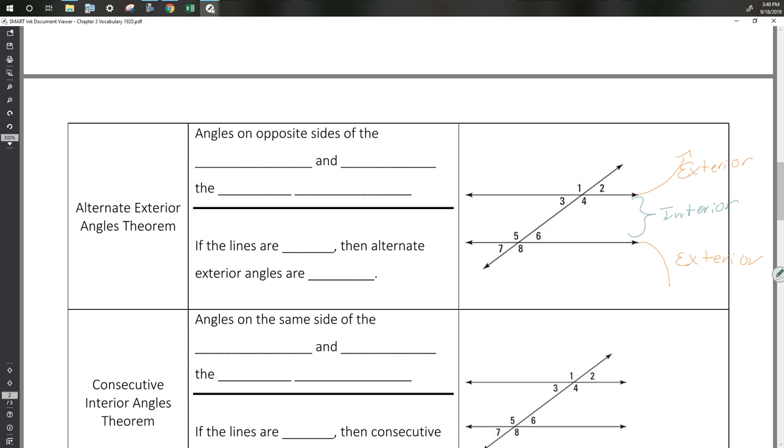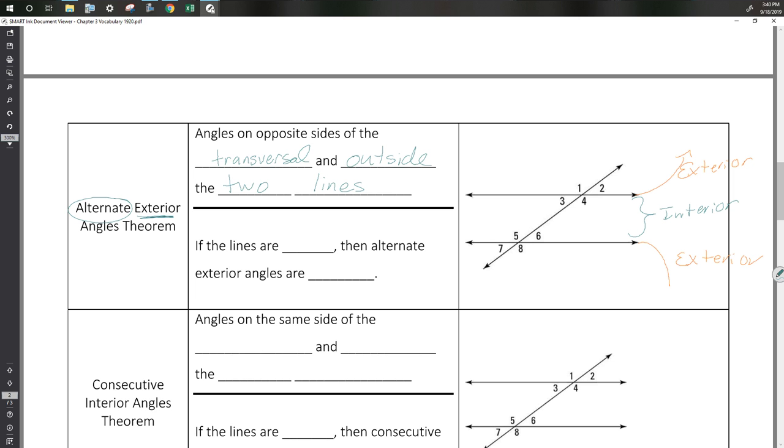So alternate exterior angles are angles on opposite sides of the transversal, and they are outside the two lines.